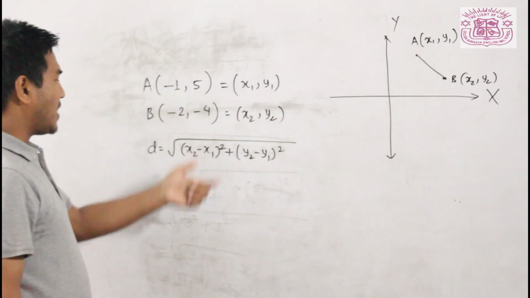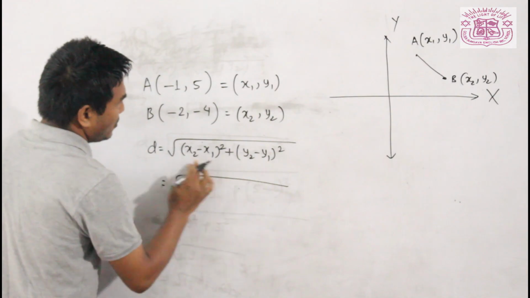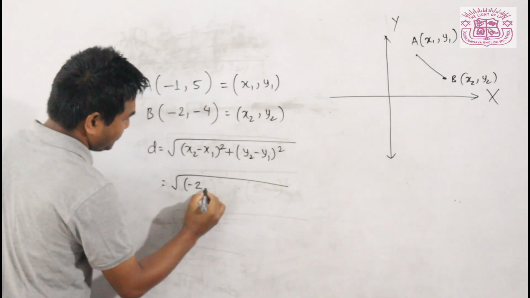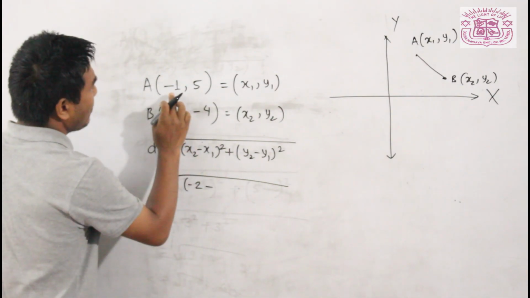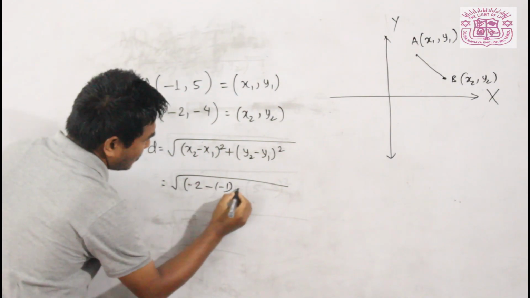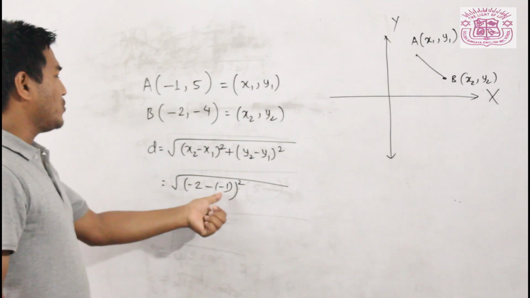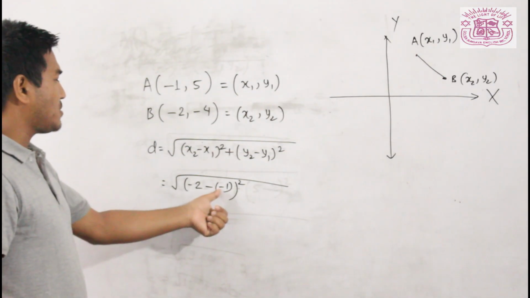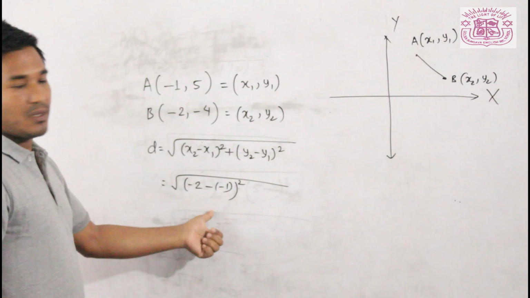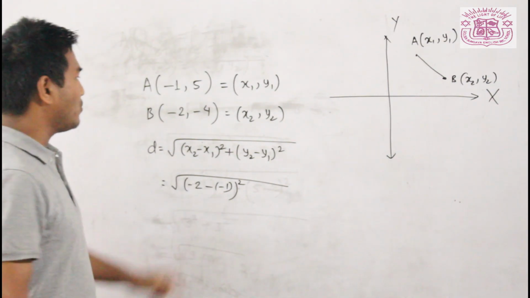Now put all of these values over here. So x2 is -2, minus x1 is what? -1. So when you use negative values, we will use brackets over here because minus will be positive.